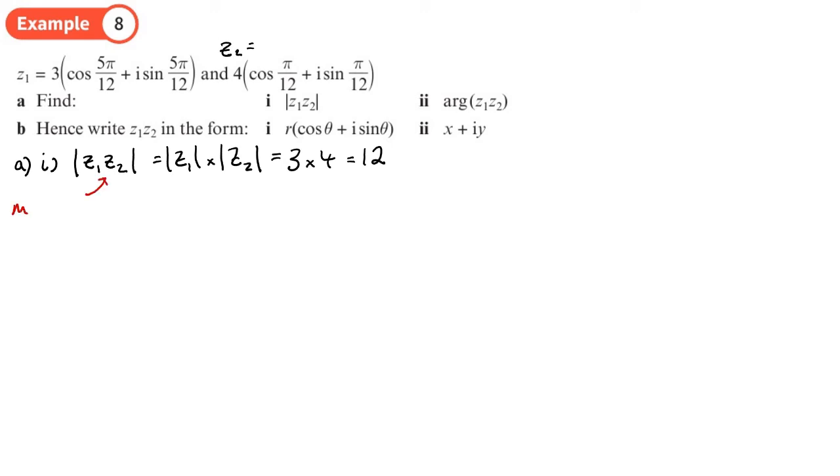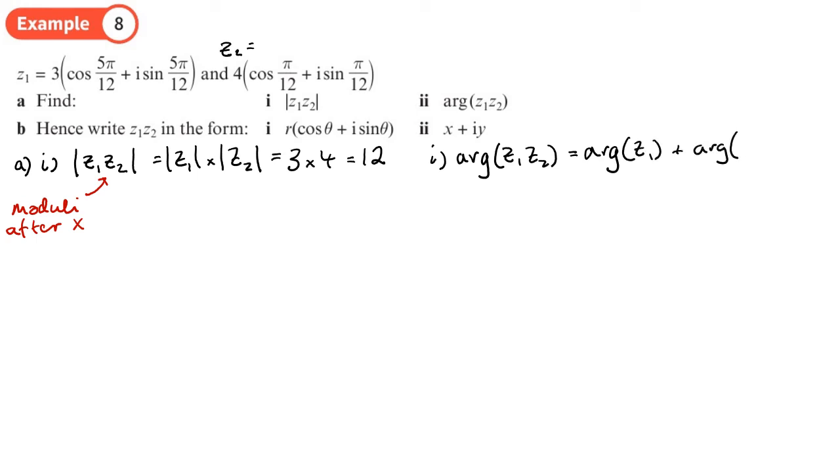So the moduli of the answer, that's what this bit means here. The moduli after you multiply is the original moduli multiplied. Okay, second part of part A, the argument of Z1 times Z2. Well, that's just the argument of Z1 plus the argument of Z2.